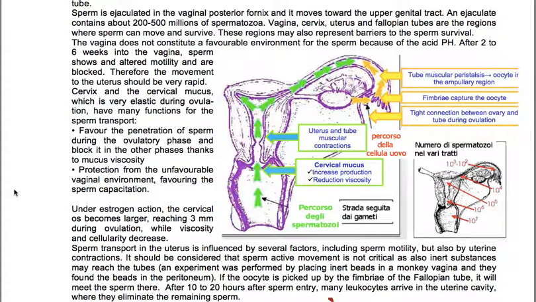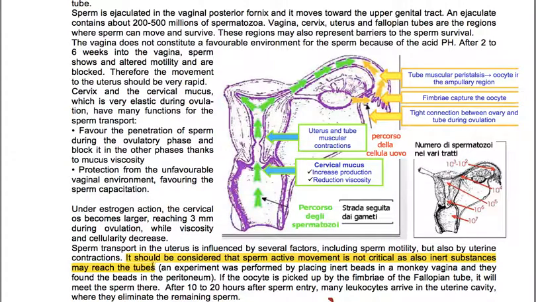Sperm transport in the uterus is influenced by several factors, including sperm motility, but also by uterine contractions. It should be considered that sperm active movement is not critical, as also inert substances may reach the tubes.